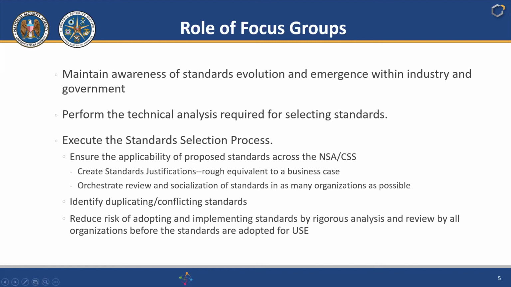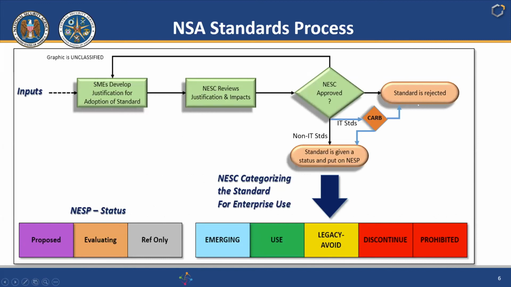Next slide. Here's a little bit about our process. We thought that was interesting to bring out. How do we do this? The input is somebody requests the standard. As I said before, we send it to the focus groups, which is a set of SMEs that look to see, is this a good standard? Is this something we should be using?